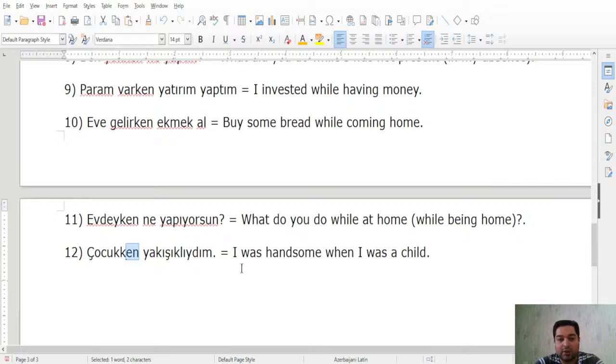While being a child, and is it present or past tense? It's past tense because you talk about idim, right? You say yakışıklıydım, idim. Yakışıklı idim becomes yakışıklıydım, okay? Actually, the real structure of the sentence is like this. Let me just show you. Çocuk iken, okay, yakışıklı idim. This is the real structure of the sentence, okay? Çocuk iken yakışıklıydım. That is the real structure. So you combine idim here and iken here.